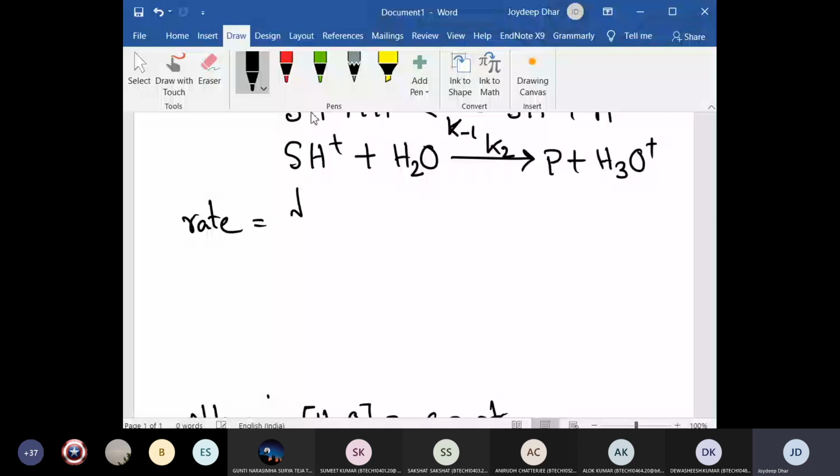Because water is large, I can ignore that one. I already wrote SH+ from this equation, so I can bring that here. So it will be K2 into K1 S AH+ divided by K minus 1 A plus K2. Okay, so this is the equation I got.